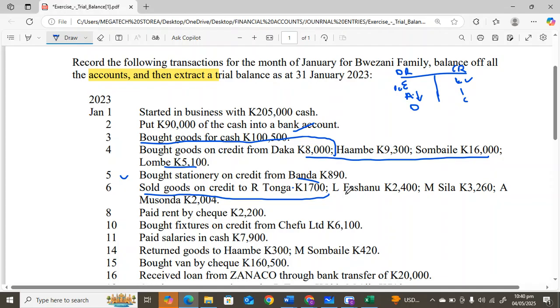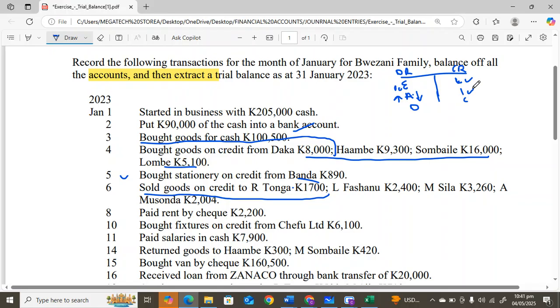So here the two accounts that will be involved are sales account, sales revenue, and since we're not getting money, Aratonga is a receivable. Okay, he's owing us money. So a receivable is an asset, increase in an asset, you debit. So you debit Aratonga. Revenue is here next with income. Increase in revenue, you credit. So you credit sales revenue 1,700.